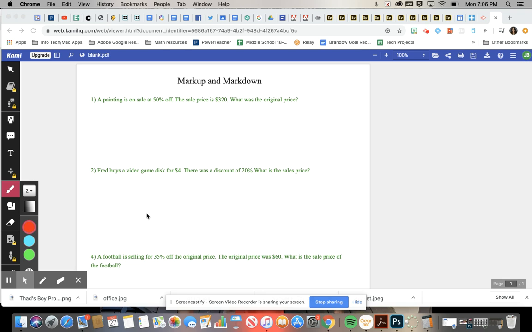All right, hey guys. We're just going to go over a little bit of a new concept, which is markup and markdown. The last 2 days we've gone over percent increase and percent decrease, and that's similar to markup, but markup and markdown is not the percent that it went up or down, it's the actual dollar amount that the price either was marked up at the store or was discounted at the store or on sale for at the store.